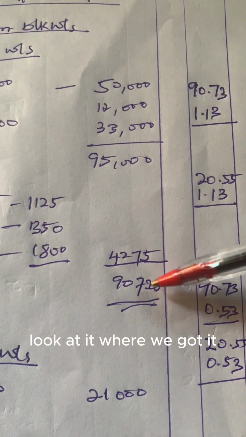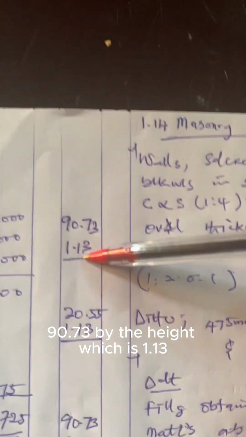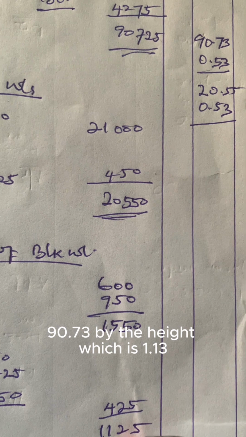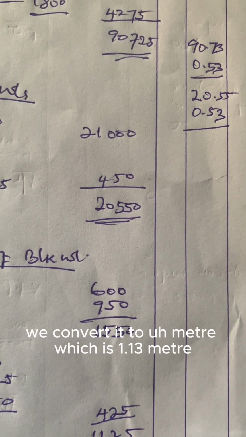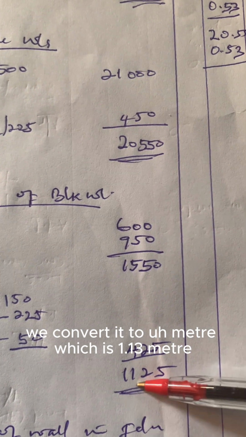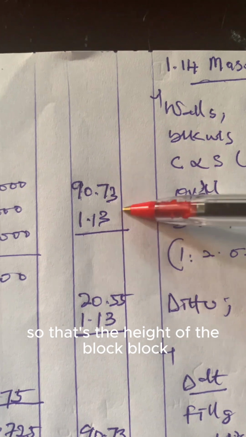Look at it, where we got it: 90.73 by the height, which is 1.13. This is 1125 in millimeter. We convert it to meter, which is 1.13 meter. So that's the height of the block.